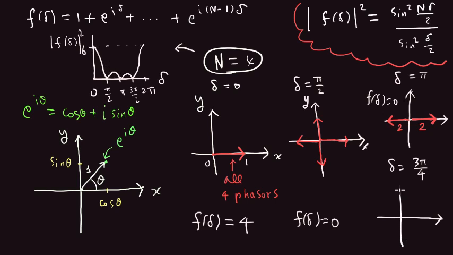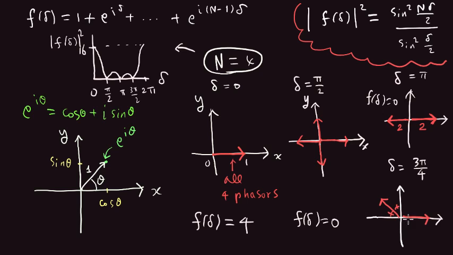Okay, so let's draw this phasor here. We start from a length 1 vector here, and we need to go 3 pi over 4. So that's right here. Pi over 2 plus pi over 4. So this angle is the same as that angle, and that's pi over 4.